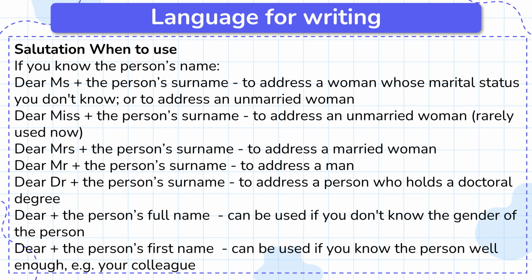But sometimes after the words "Dear", a person's first name only can be written. In this case, it means you know the person very well. But if you write the full name, as I have told you above, you do not know this person very well.